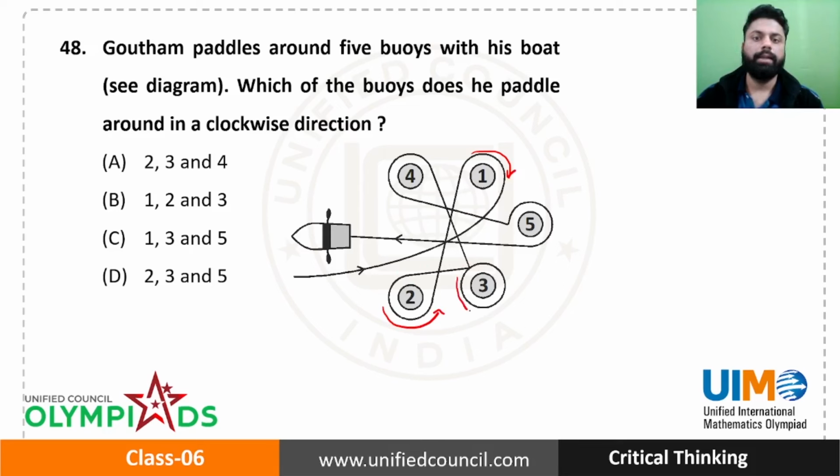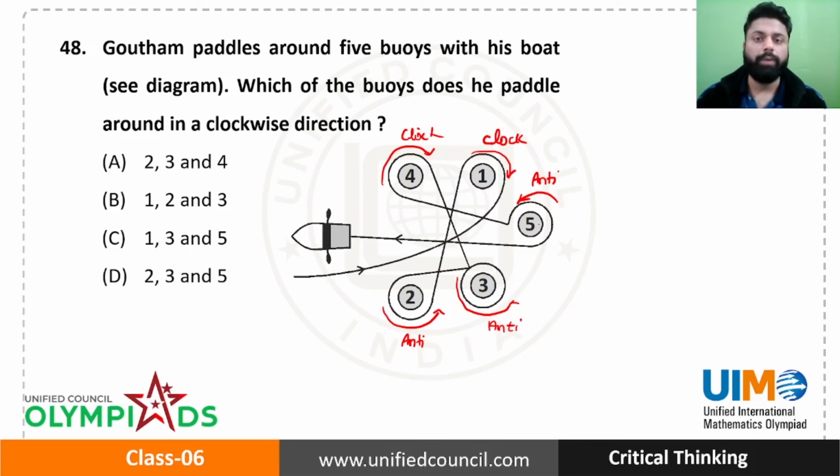If this is going in this direction, then this is going in this direction, and this is going in anti-clockwise direction. So this is anti, this is clockwise, this is anti, and anti. This is the clockwise.